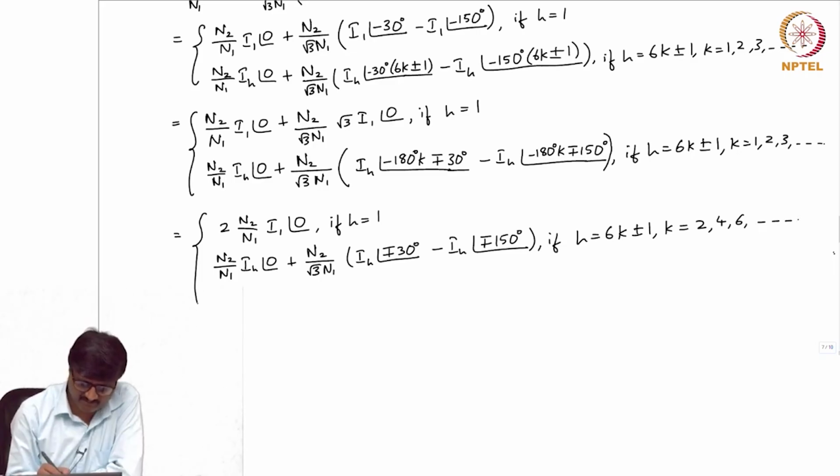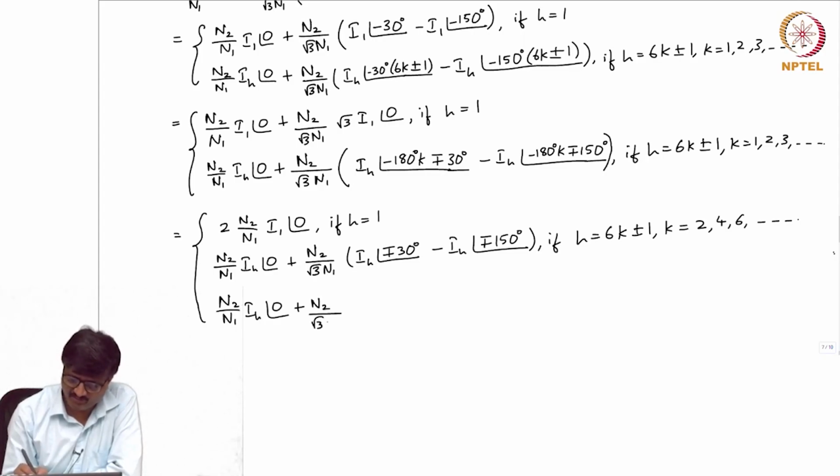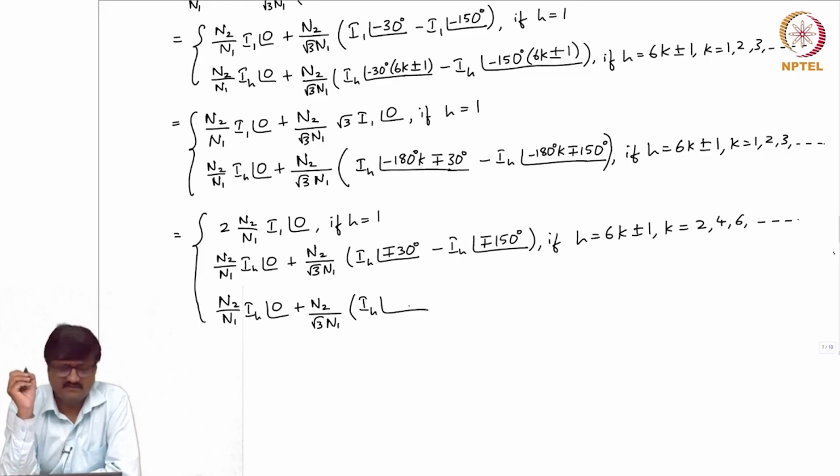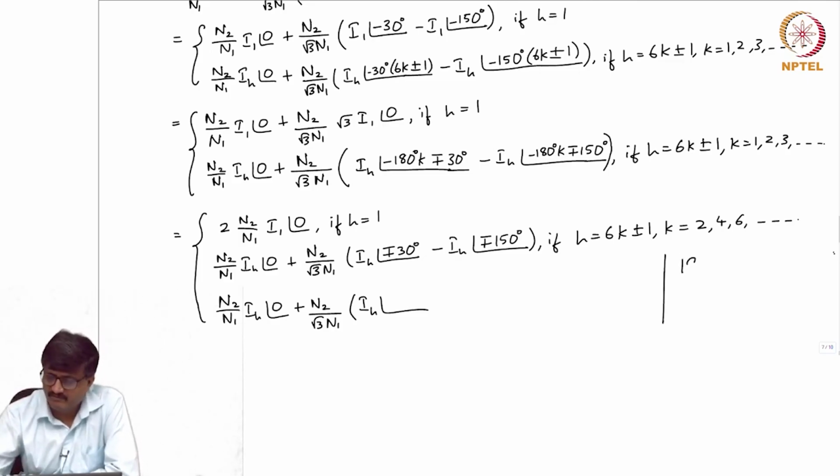Okay. Now, let us take the odd values of k. So, it is n2 by n1 IH at an angle 0 plus n2 by root 3 n1 IH at an angle what? So, 180 minus plus 30. Can I simplify that? What is 180 minus 30? I can take minus or plus 180, the one is the same. Whenever k is odd, it is 180 with a minus or plus sign, minus plus 30.